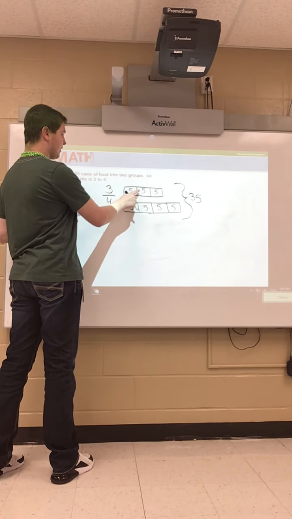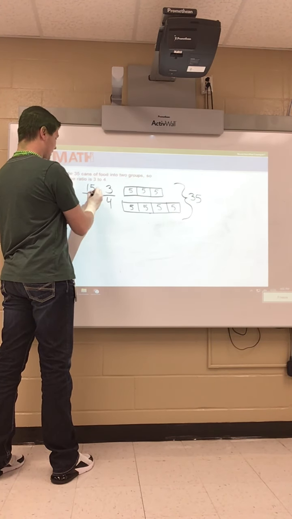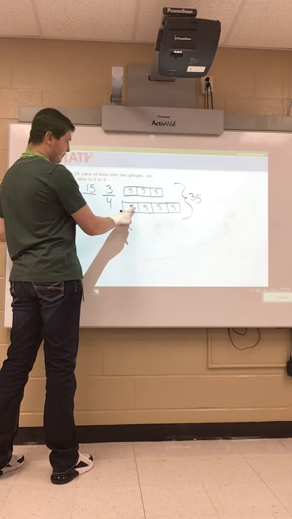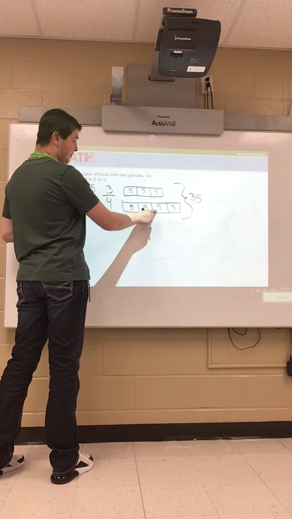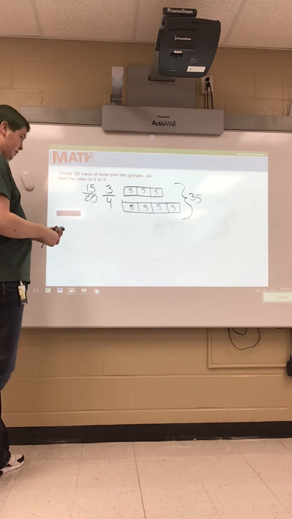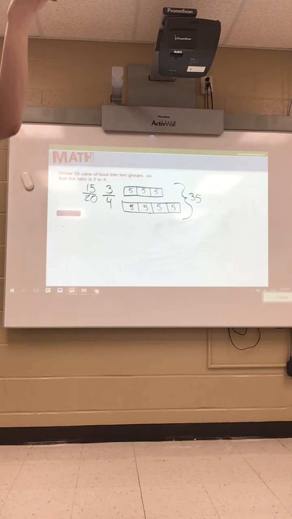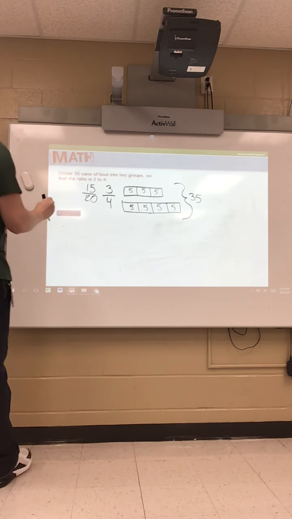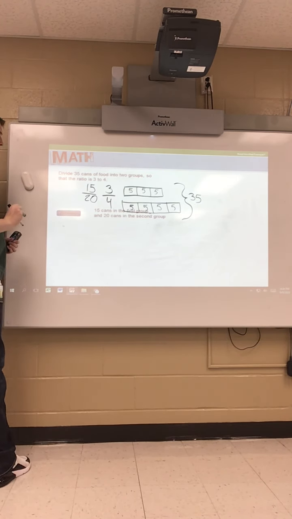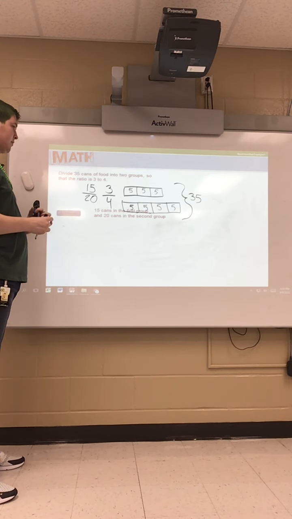So on the top, 5 times 3, 15. And on the bottom, 5 plus 5 plus 5 plus 5 gives you 20. So you should have 15 over 20. Okay, 15 cans in the first group and 20 cans in the second group.